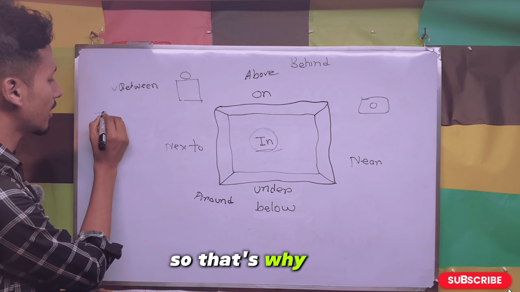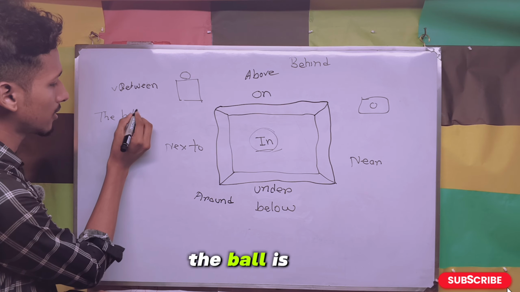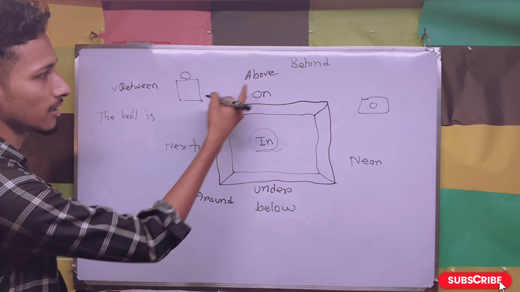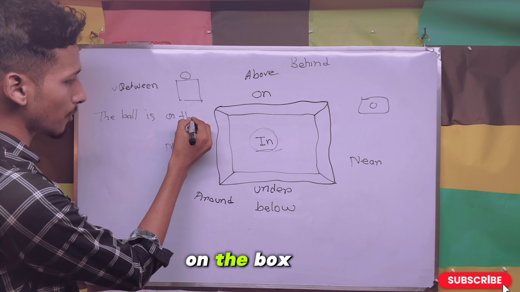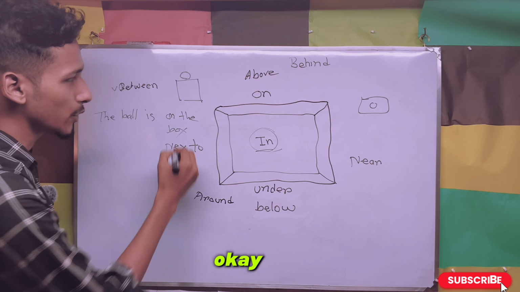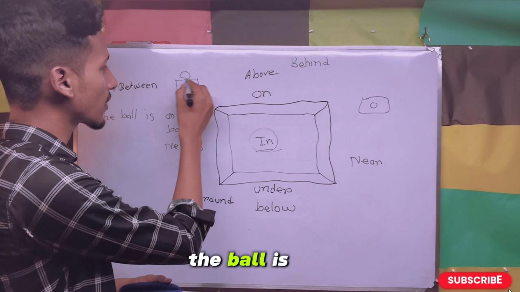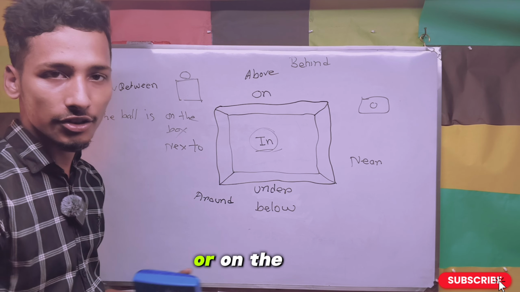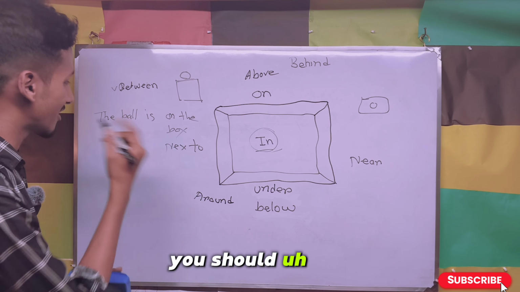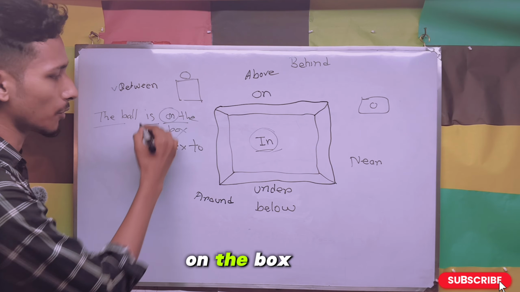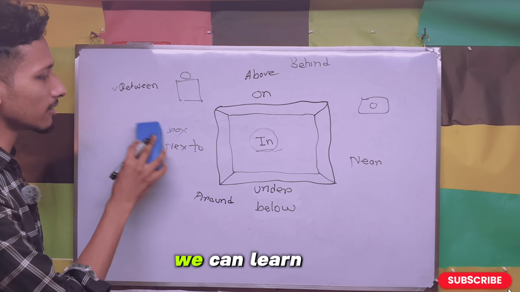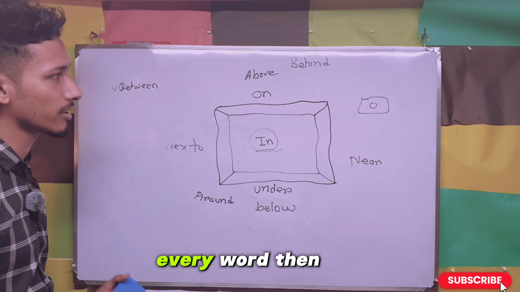So that's why the ball is on the box. You understand? When the ball is touching the box or the table, you should write this sentence: The ball is on the box. Like this we can learn every word.